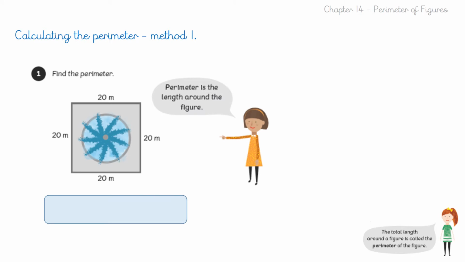Were you able to remember the methods that we learned yesterday? We're going to start by looking at method 1. We know that the perimeter is the length around a figure.